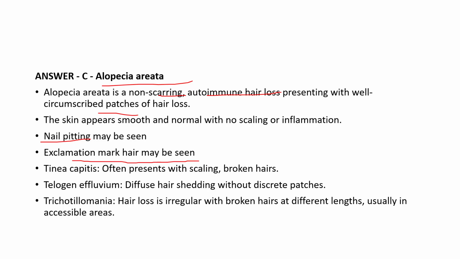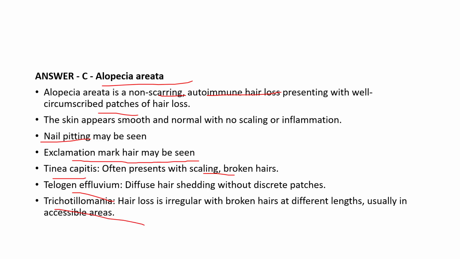Okay, other options: tinea capitis, usually with scaling. But here there was no scaling and broken hairs. Telogen effluvium means diffuse hair shedding without discrete patches. Anagen effluvium is hair loss at different stages of hair growth. So if it's a complete hair loss without actually patchy loss, it's called telogen effluvium.